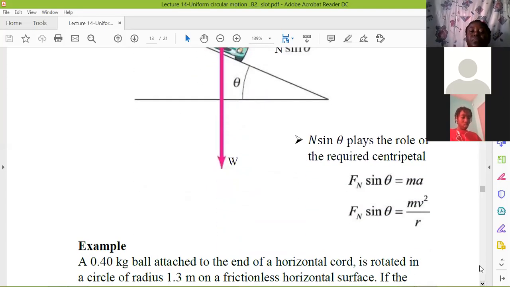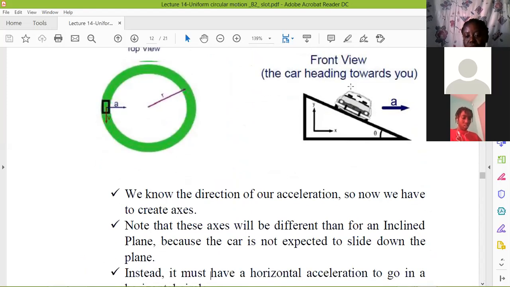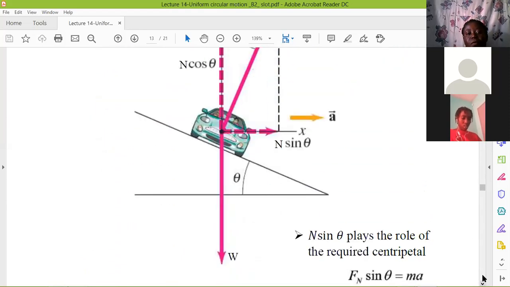As you can see here, the normal force times sine theta.